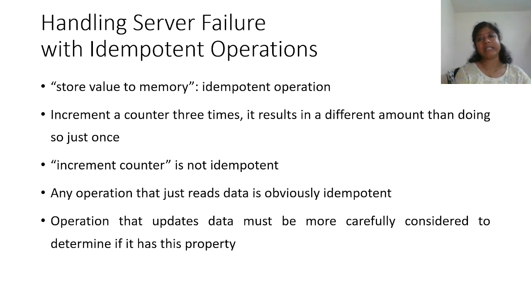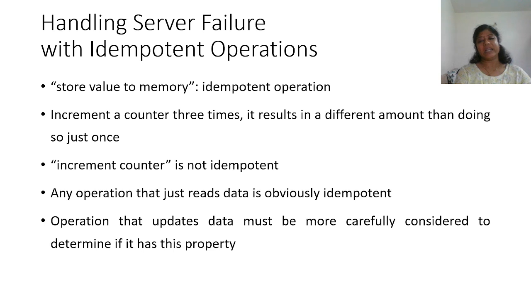It is giving you a different value each time, so it is not an idempotent operation because it is changing the values. The previous instance, storing a particular value to a particular location multiple times, will result in the same, so it is an idempotent operation.